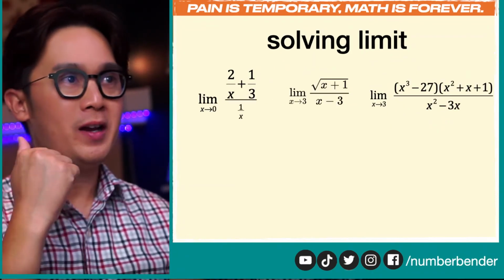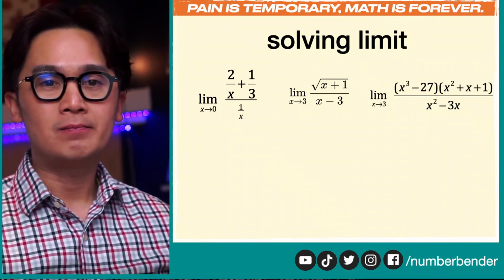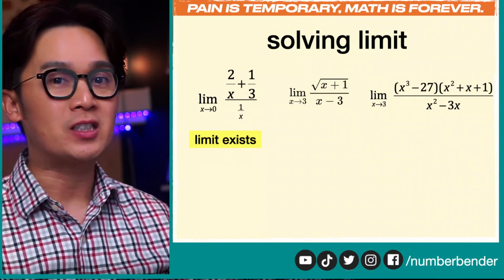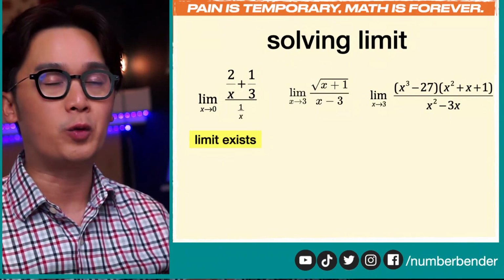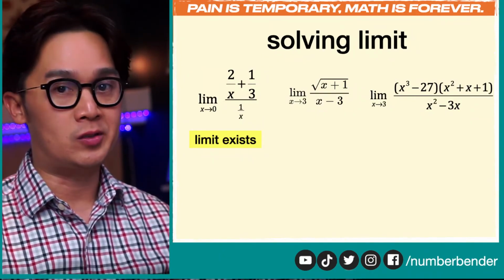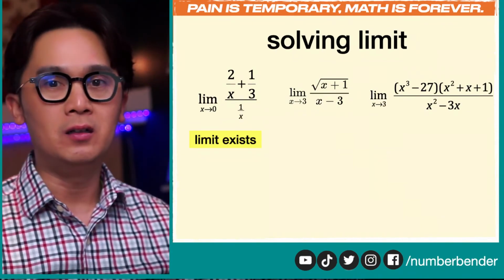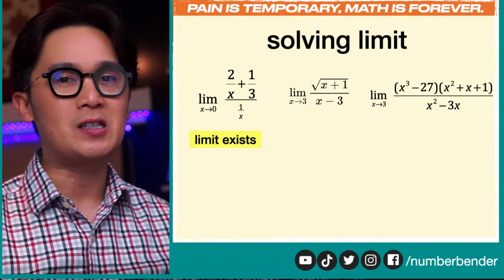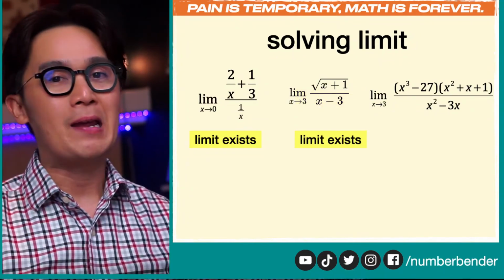For problems number 1, 2, and 3, in number 1 we are given a complex fraction. That limit exists if we simplify the complex fraction and then substitute the value of x afterwards, even though by substitution the denominator will automatically turn into 0. Same with problem number 2, irrational functions with radicals. By substitution it may seem that it does not exist, but if we rationalize using algebra, this limit will exist.